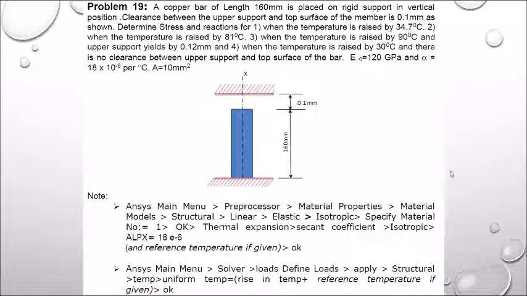Third case is when the temperature is raised by 90 degrees Celsius and the upper support yields by 0.12 mm. Fourth case is when the temperature is raised by 30 degrees Celsius and there is no clearance between the upper support and top surface of the bar. Young's modulus and thermal expansion coefficient values are given. Area is 10 mm square.